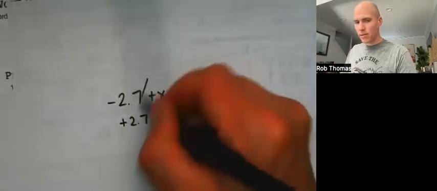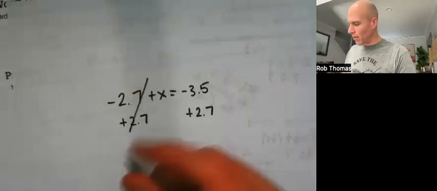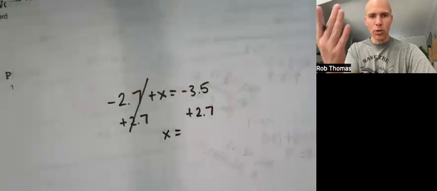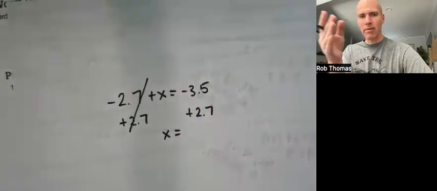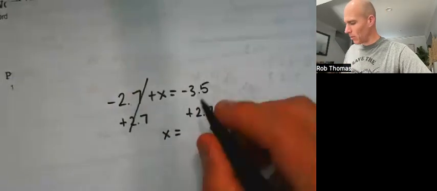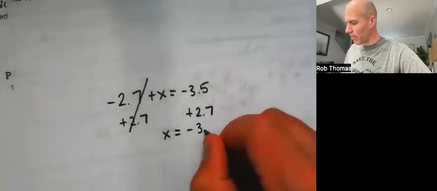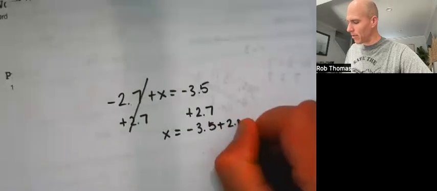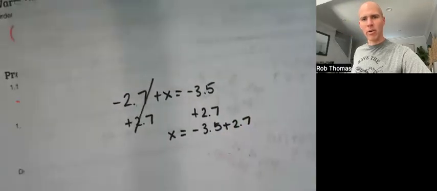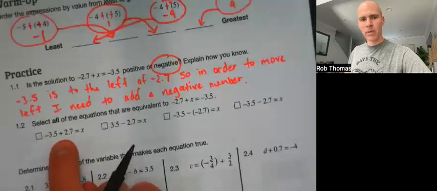Okay, so these cancel out, go away. We have just x on this side equals. Now we could do the math here, right? We could do negative 3.5 plus 2.7, which I think is negative 0.8. But we could also write it out. We could write x equals negative 3.5 plus 2.7. Oh, I got the side switched, but same thing, right?